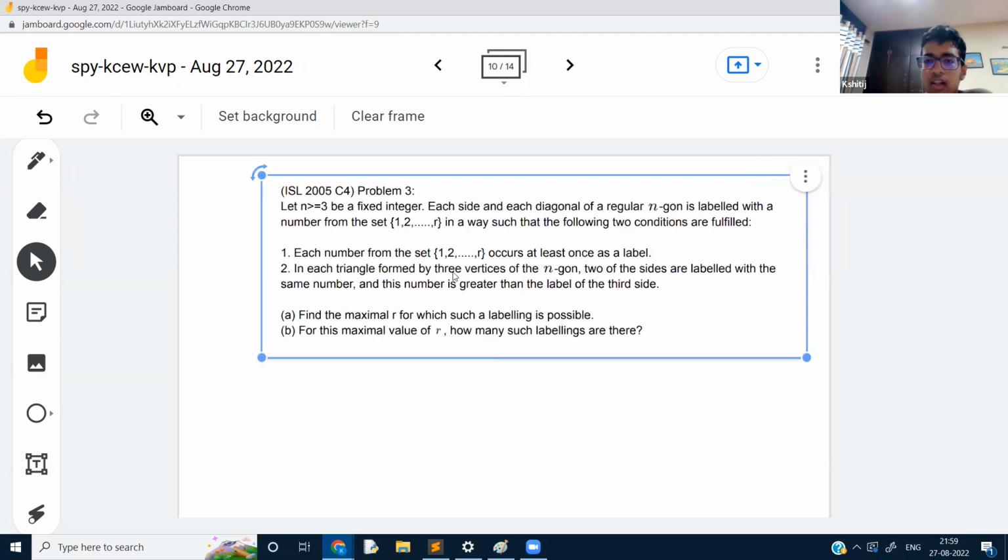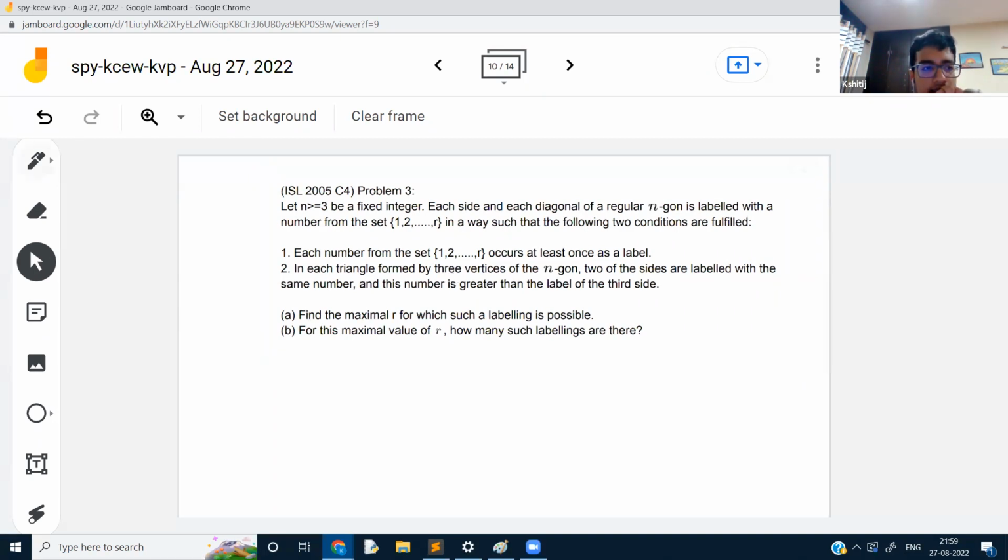So you are given an integer n, and you are given n nodes, and there's an edge between each of them. It's a complete graph basically, and each node is labeled from 1 to R, and each of the labels occurs at least once.